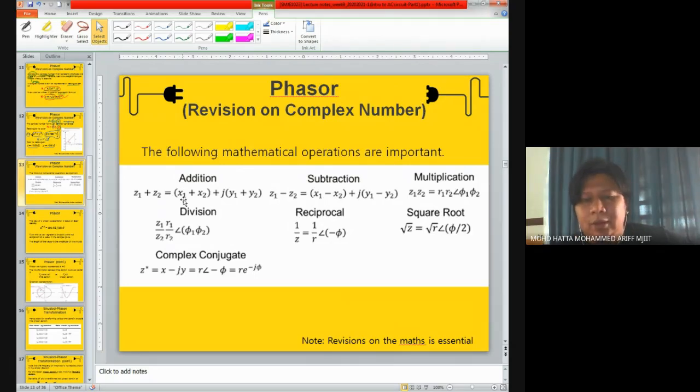For example, if you'd like to do addition, and in your question you have complex numbers in polar form, you would need to convert first. But I think your calculator can easily do that, although you are in polar form.